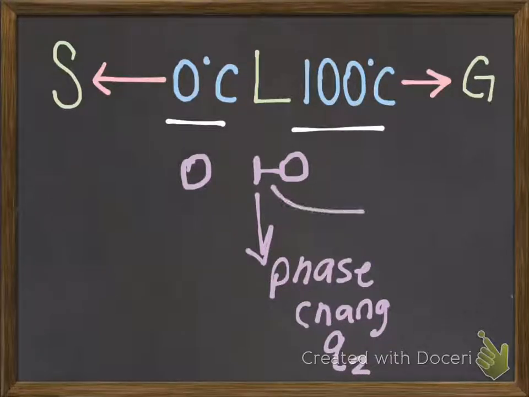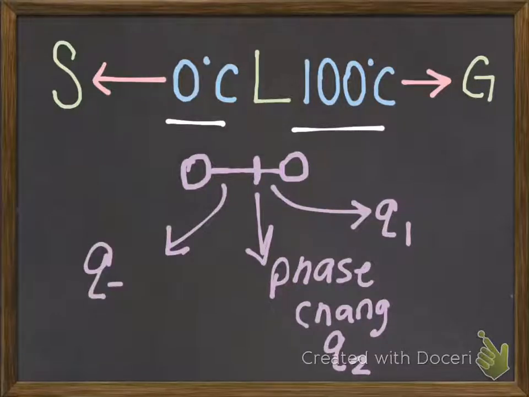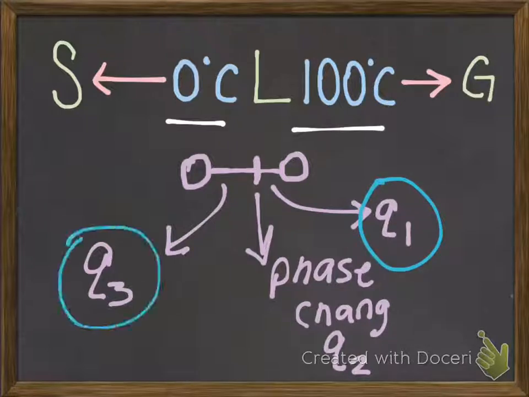Before this, you are just changing your temperature. This is your Q1. And after changing your phase, you go from 0 degrees to your negative 25 degrees. This would be your Q3. Your Q1 and your Q3 are both Q equals mc delta T problems.